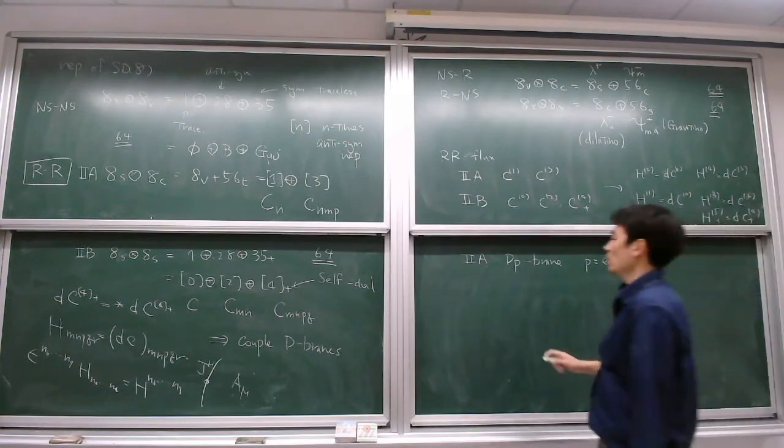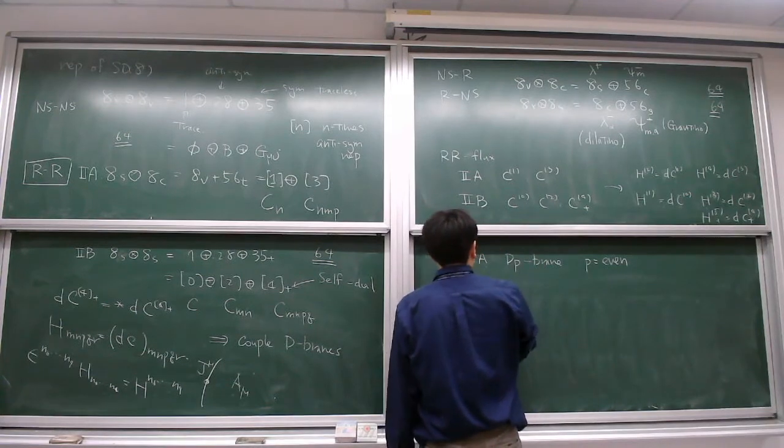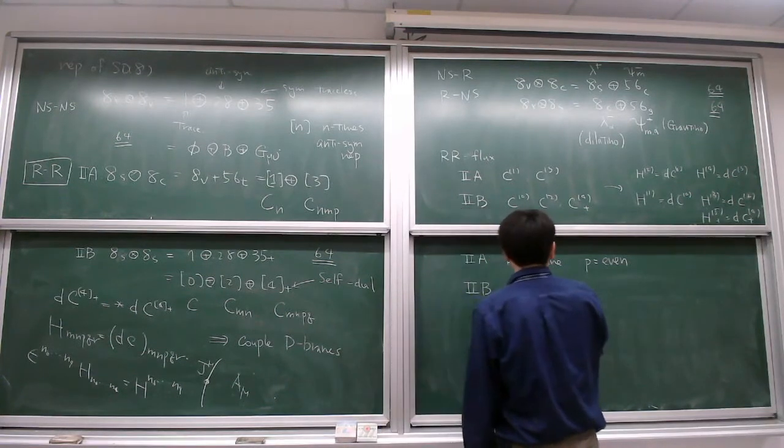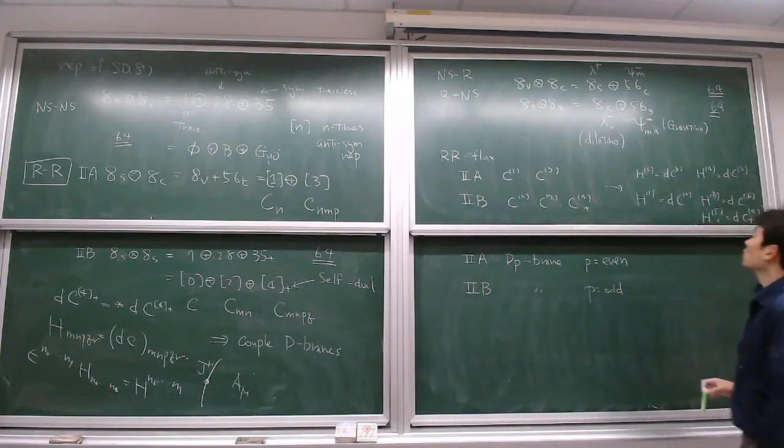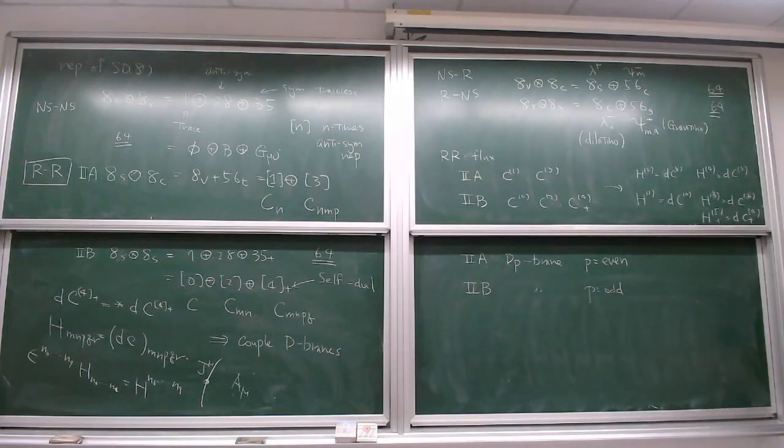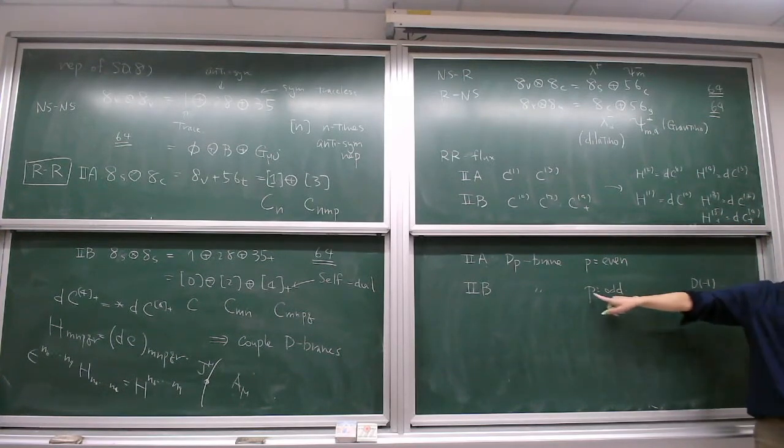And then type 2B, the p brane, p has to be odd. So there is the so-called instanton. D minus 1 brane, actually, couples to the C0 form. For D minus 1, the p is a spatial direction.